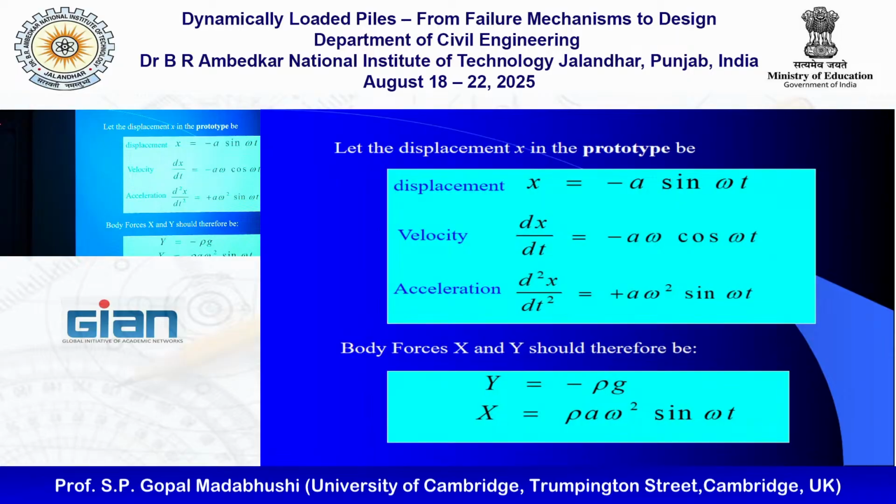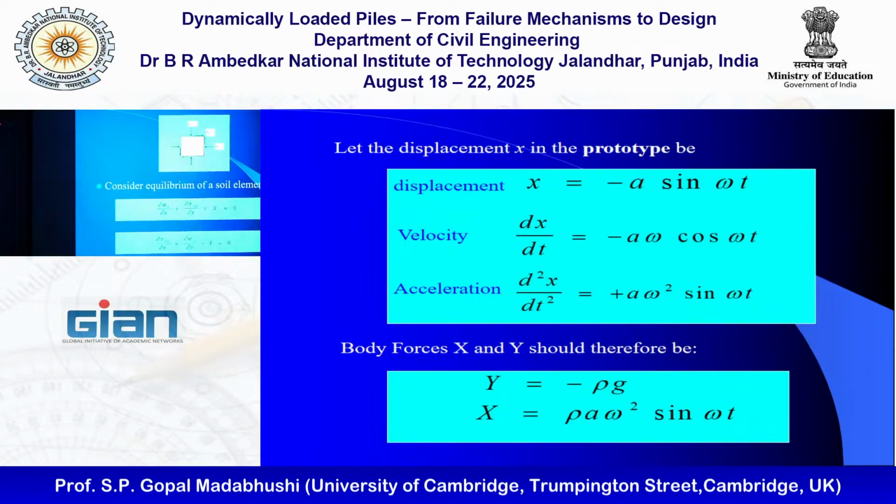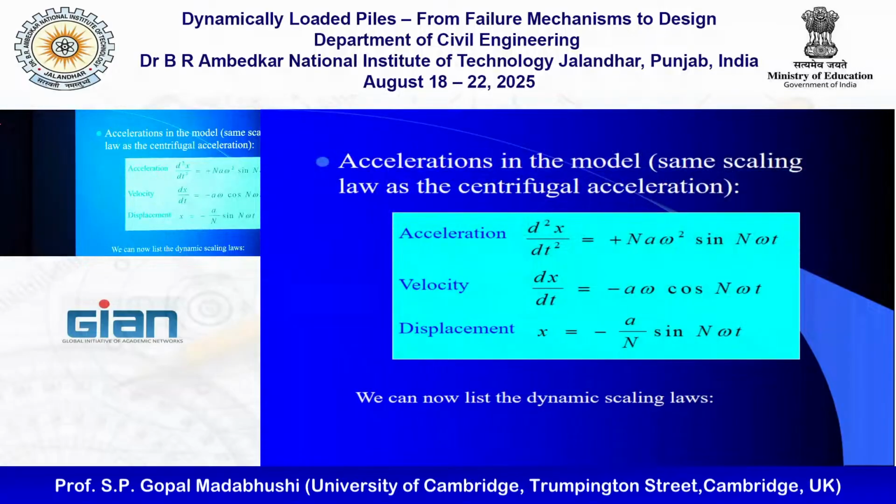Now when I want to do centrifuge testing, at the model scale, yesterday we said that the acceleration should be increased by n, right? Because you scale the model down by a factor of n, and therefore the acceleration should be increased by ng.